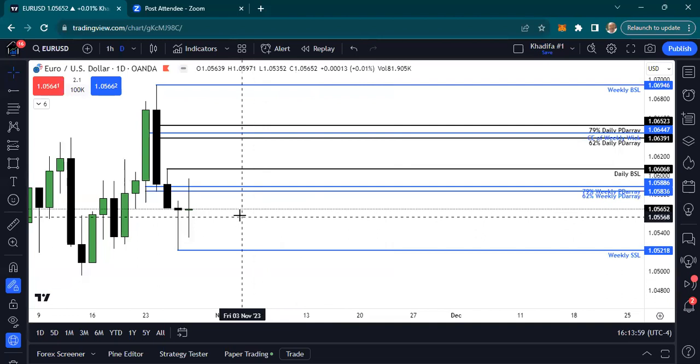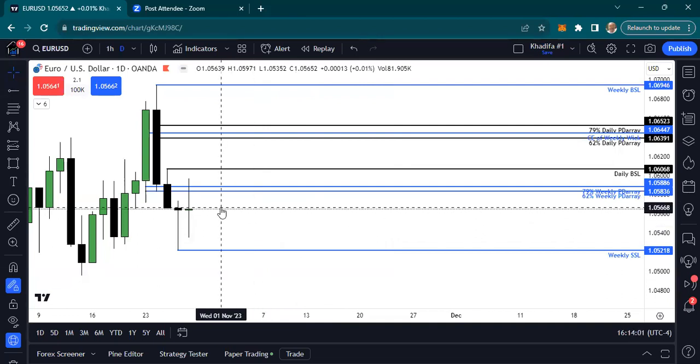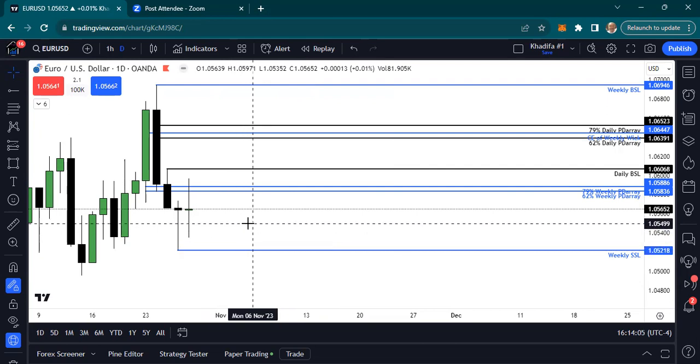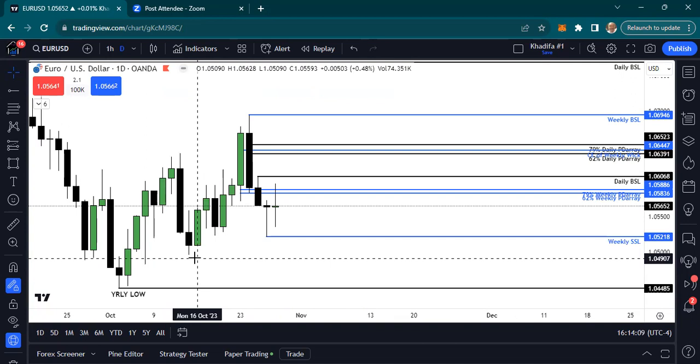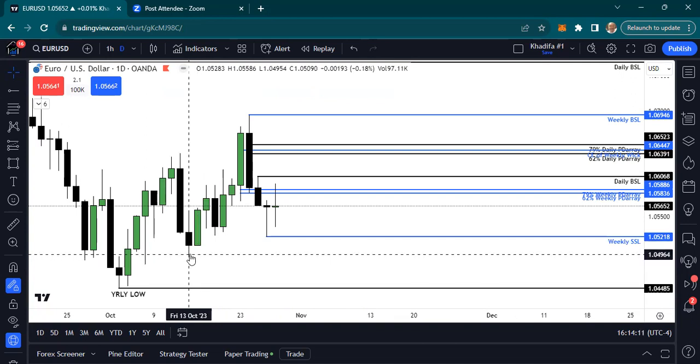I'm expecting us to open up and continue to the downside, running the weekly sell side liquidity and targeting this swing low here for sell side liquidity.